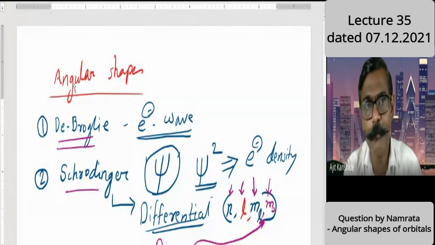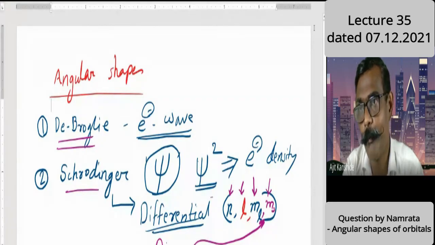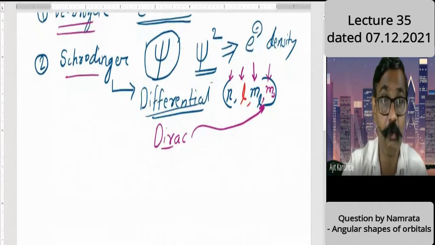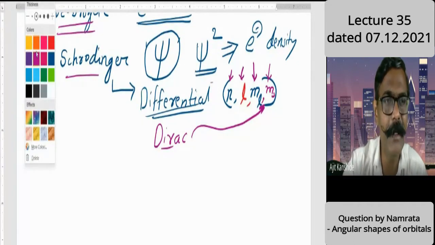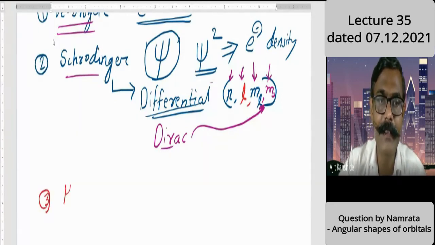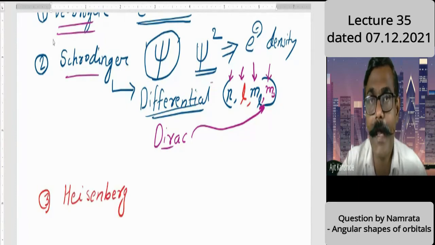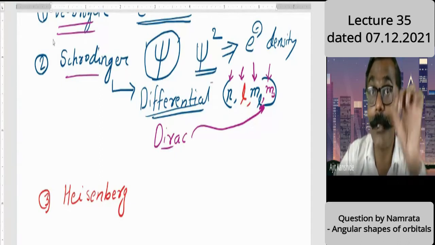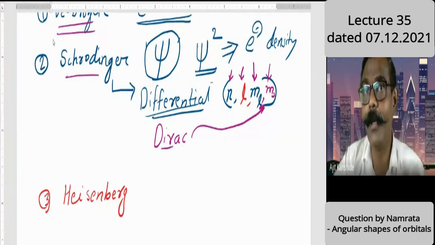Third, a very important development gave a very interesting insight for the electron, and that is the Heisenberg principle. Heisenberg said, I'm saying about the wave, so exact understanding of the wave will be there.